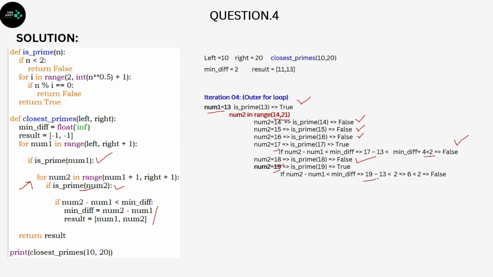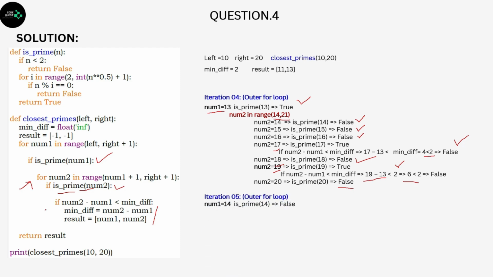So 19 minus 13 is 6, and is it less than 2, the minimum difference as of now? 6 less than 2 is false again, so we will not have any updates here. Next, when num2 becomes 20, when I call is prime, I am going to get false. So now we have come to the end of this inner loop.